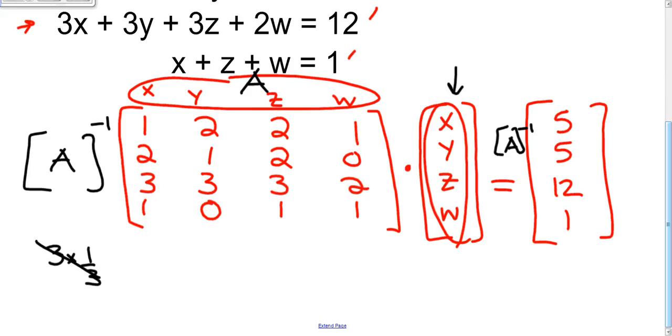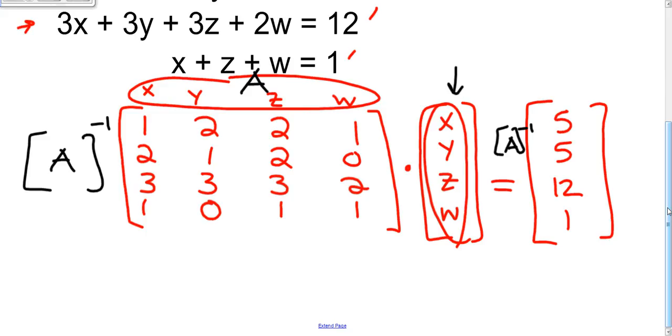That's what I'm doing. When I multiply A times its inverse, it's like getting the result of 1, the identity matrix. That would cross this whole left side out and allow me to solve for the x, y, z, and w.